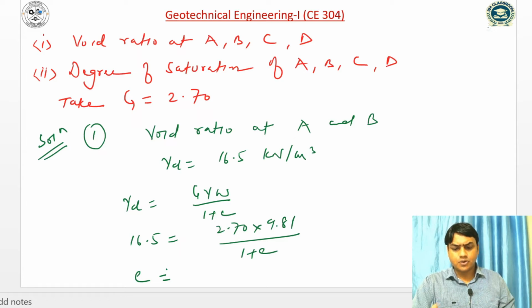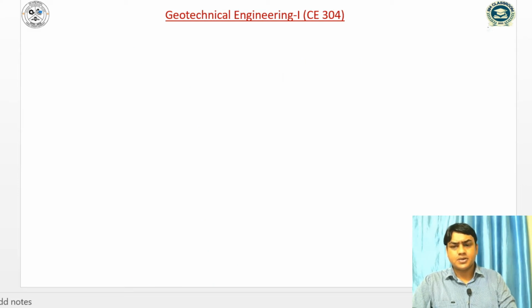It comes to 0.61. So the void ratio at point A and point B is 0.61, so EA is equal to EB is equal to 0.61.